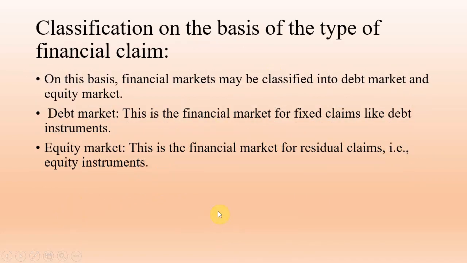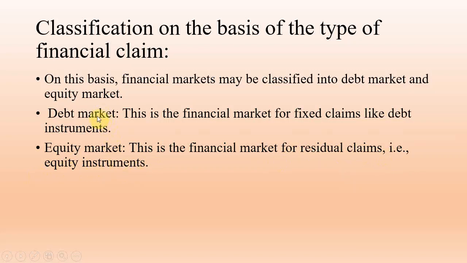So next, classification on the basis of types of financial claim. On this basis, the financial market may be classified into debt market and equity market. Debt market is the financial market for fixed claims like debt instruments. Equity market is the financial market for residual claims, that is equity instruments.